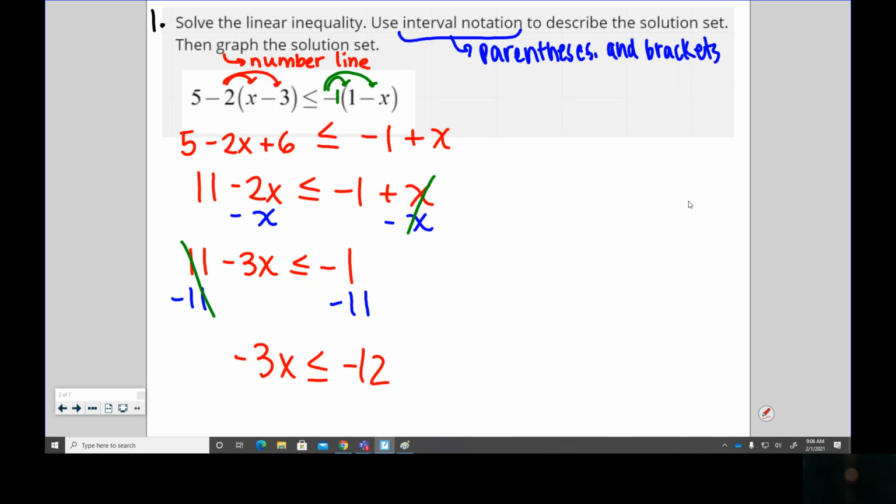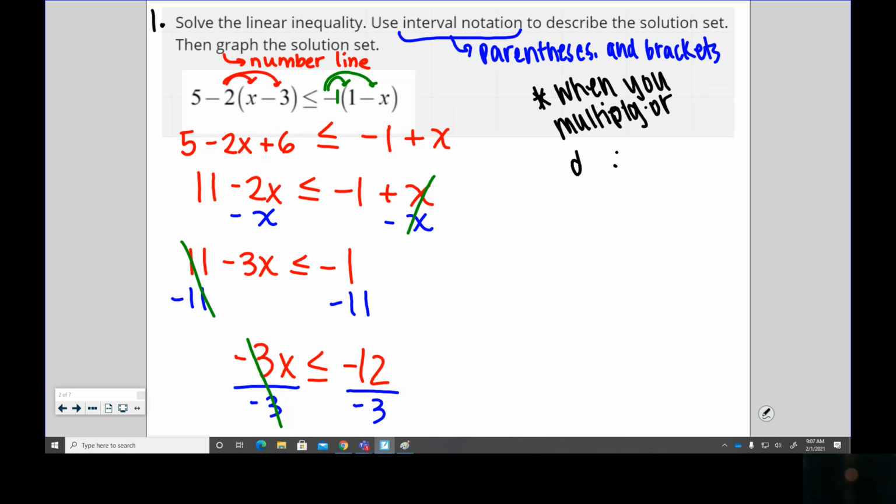Okay. Last step is to do what? Yes, divide by -3. Now, this is the important property that I wanted to show you about inequalities. When you multiply or divide by a negative number, y'all remember what happens to the inequality?